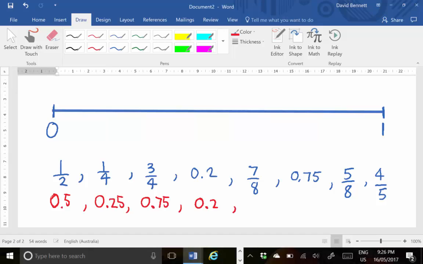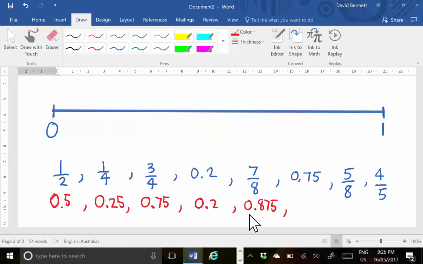Now 7/8. I probably need to use my calculator. Get your calculator and divide 7 by 8, and that's going to give you an answer of 0.875.